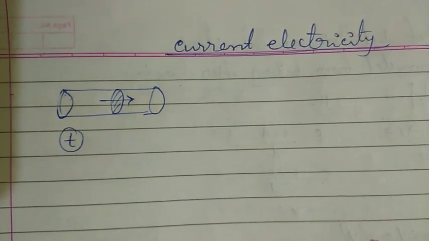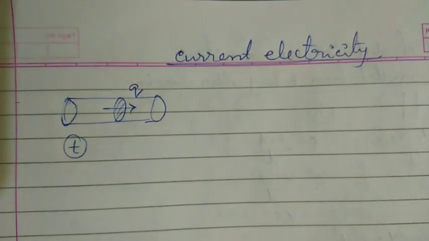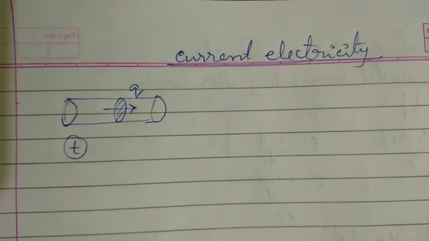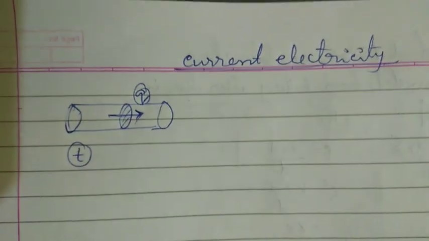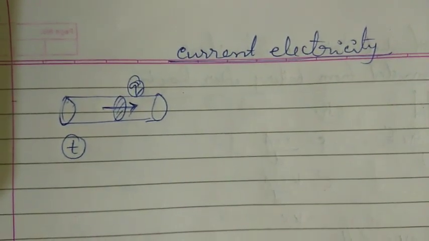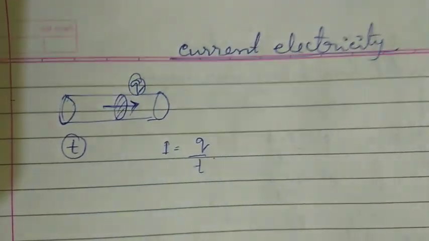Say the amount of charge is q. So you can say in every time t, q amount of charge is flowing from left to right. So the current will be I equals q by t.